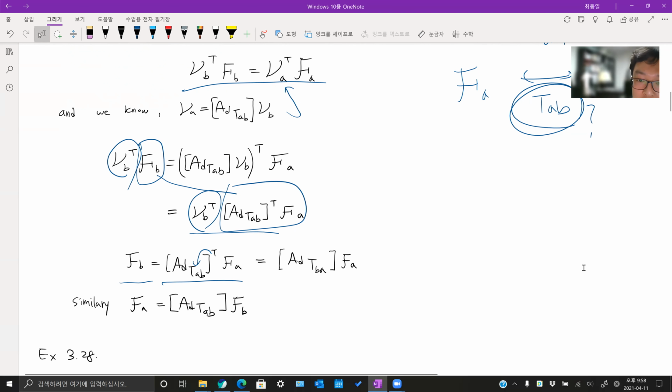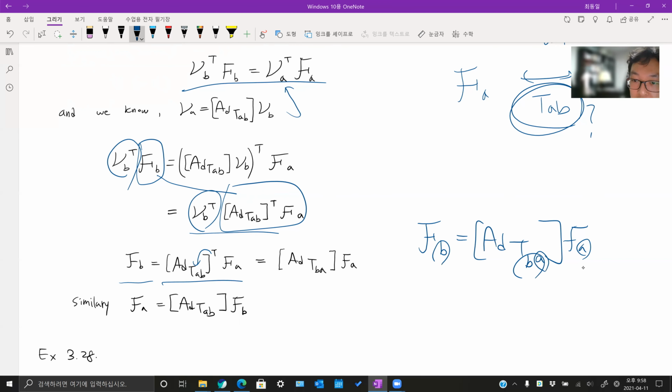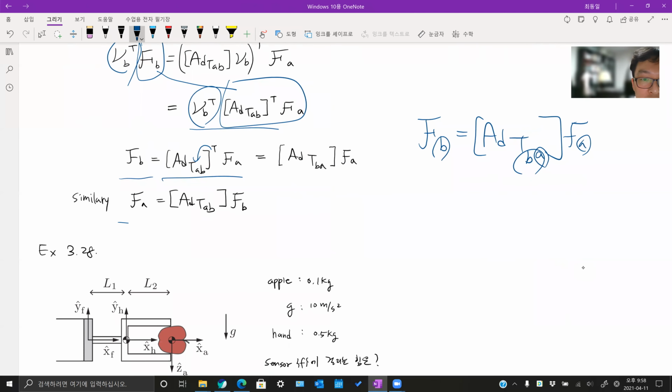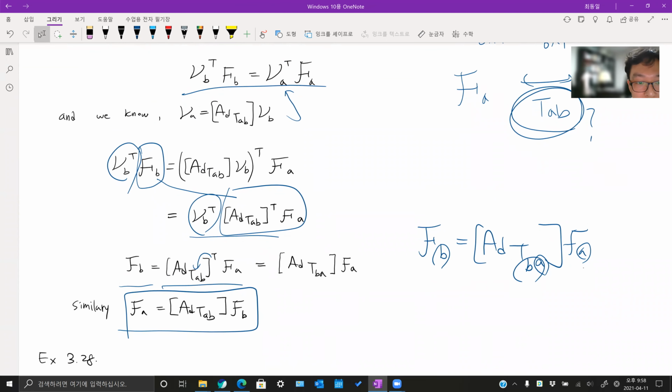As a result, we get FB equals adjoint TBA transpose FA. So the A here, B here, B here, we can change the A and B. So finally, we get this equation. As you can see, this form and this form are almost the same, so we can easily memorize this.